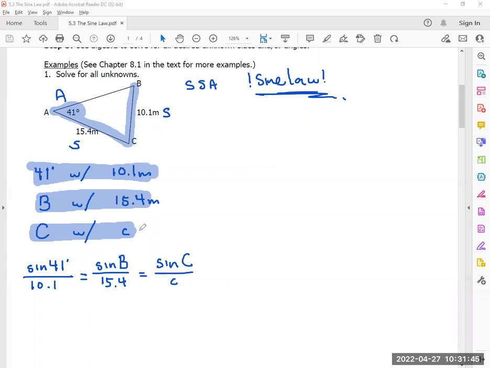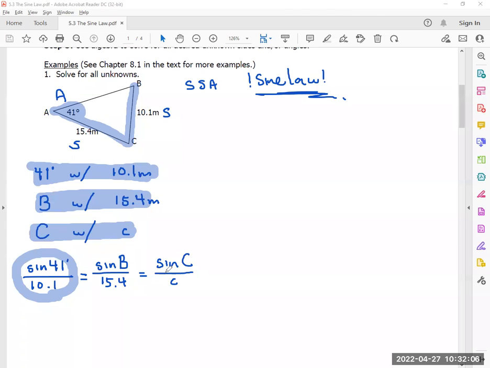Let's do it. Where do we start first? The A's are already solved, so we use this fraction to help solve. Which one do we start with?